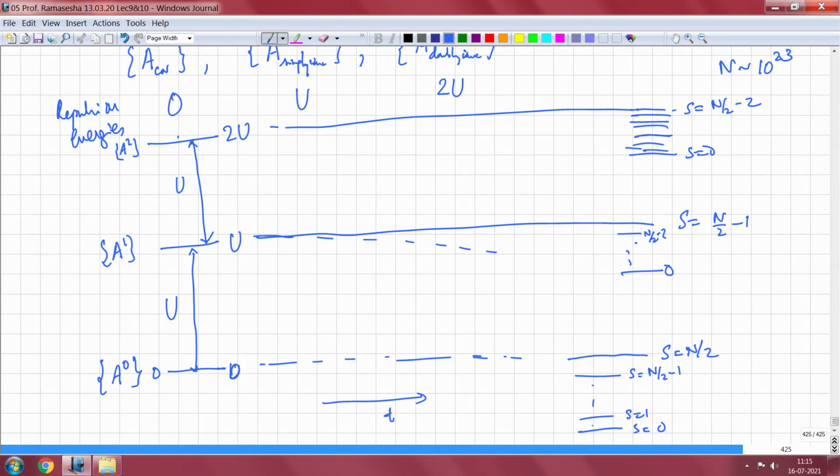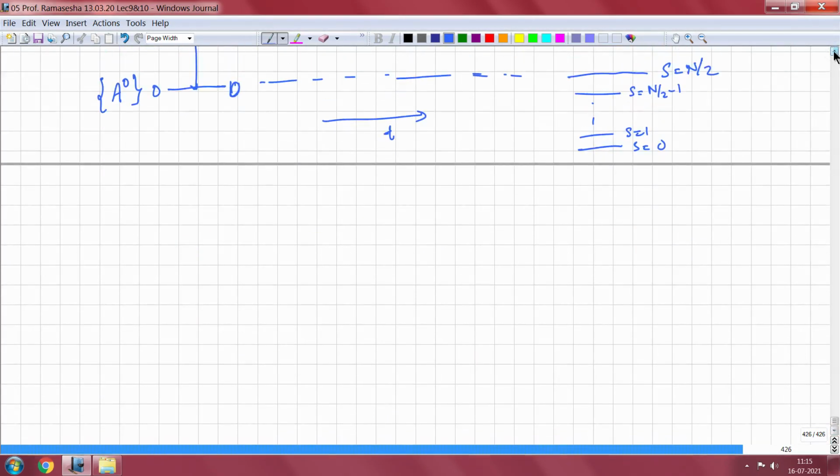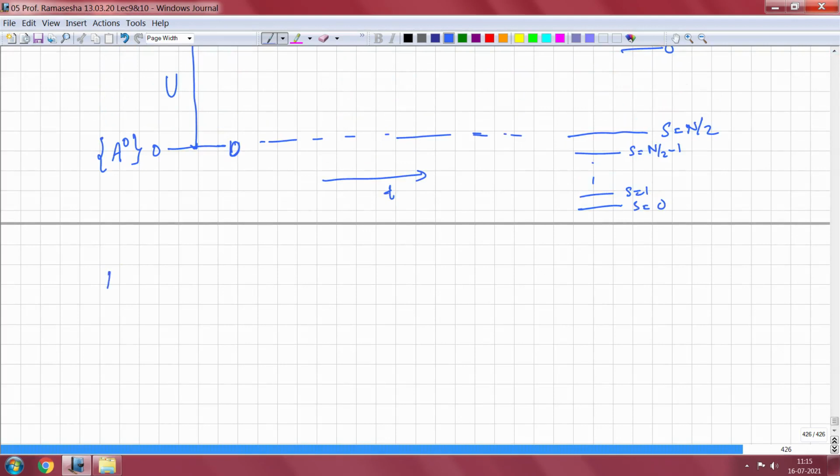So what are these whole bunch of states that you are going to have? When you have n sites, each with one electron, then the number of possible states is 2 to the power n, because at every site you can have an up spin or a down spin.